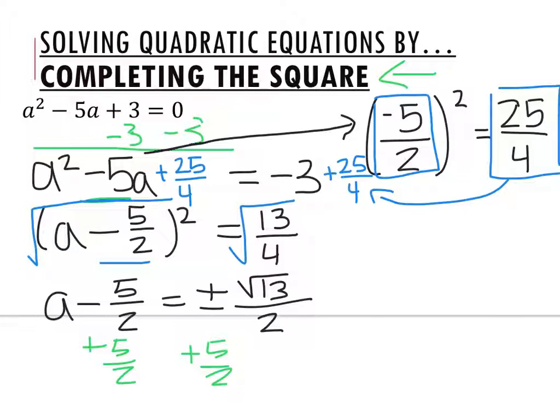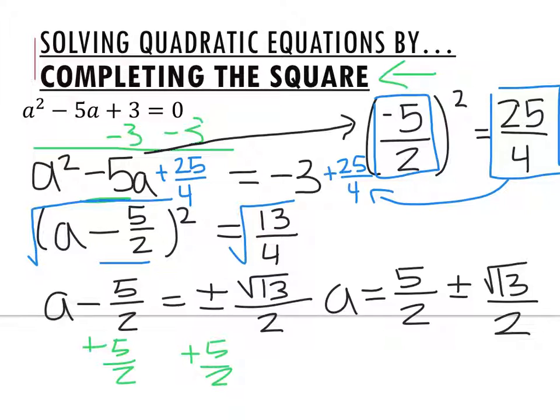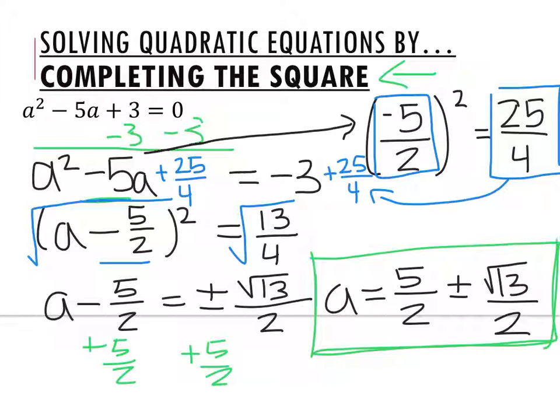And so your final answer for this is a is equal to 5 over 2 plus or minus the square root of 13, oopsies, the square root of 13 all over 2. Kind of confusing. Let me do one more and we'll see if it makes a little bit more sense.